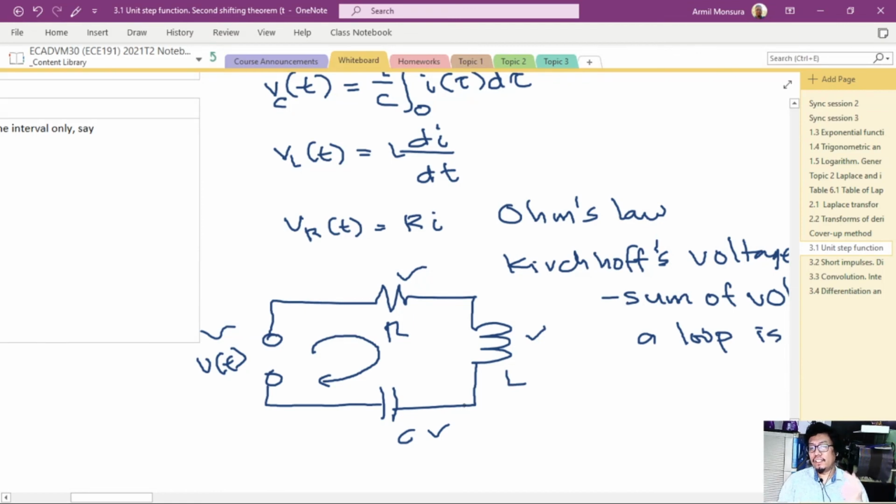In a series circuit or loop like this, your voltage would drop after passing a certain component, so the voltage drop there is negative. That is why if you start with V of t as the source, let's simply use V there.